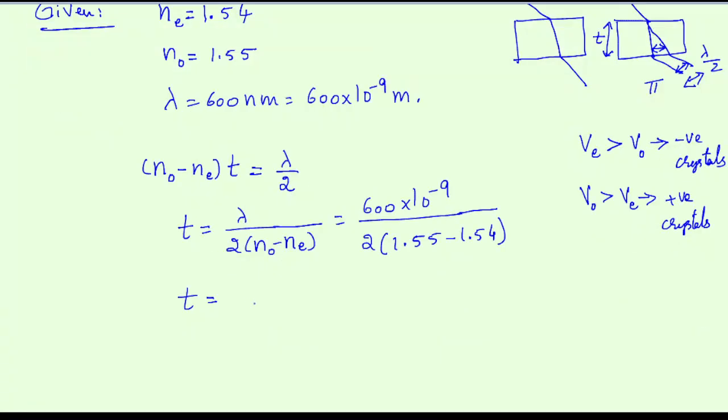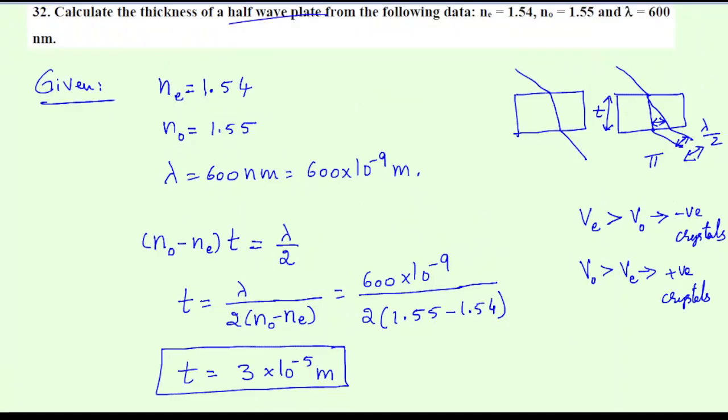So if you solve this, you will get 3 into 10 to the power of minus 5 meters. This is the thickness of half wave plate, so that it introduces a path difference of lambda by 2 between the two components, or a phase difference of pi between the two components. So the thickness is 3 into 10 to the minus 5 meters, or you can also write it as 30 micrometers, right? But this answer will be sufficient, no worries.